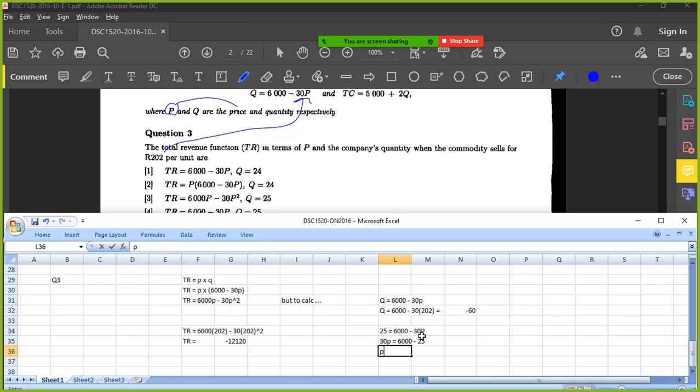So p would equal (6,000 minus 25) divided by 30. That gives me 199. That doesn't give me 202.